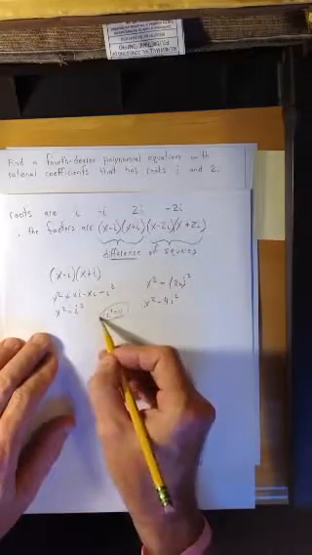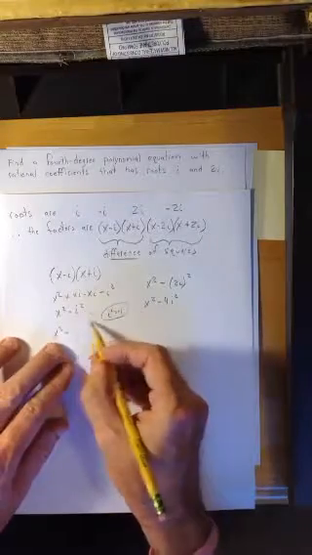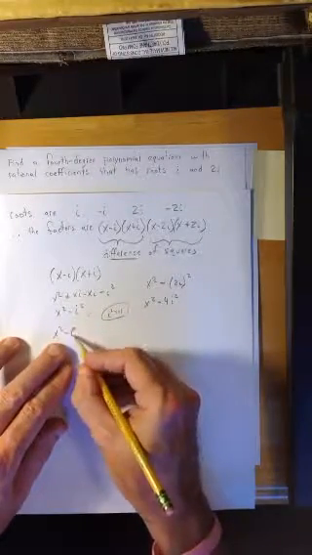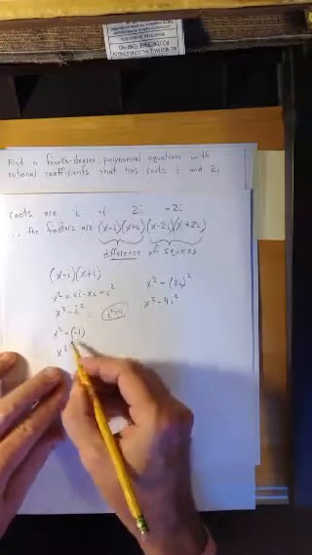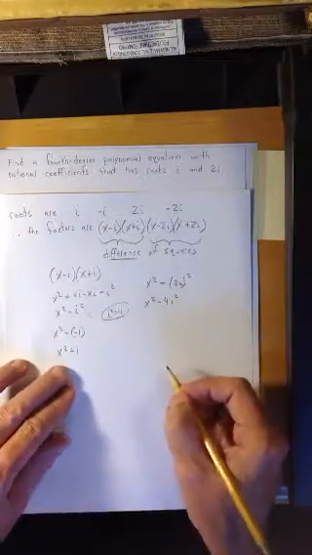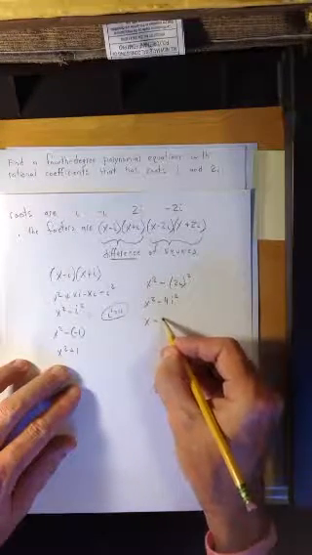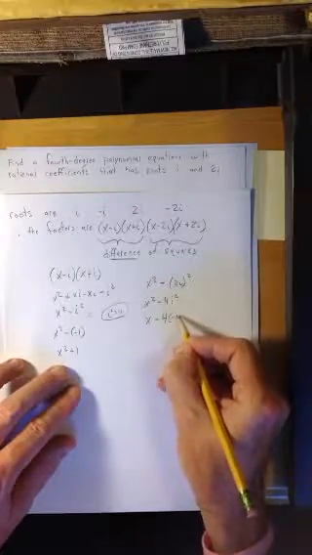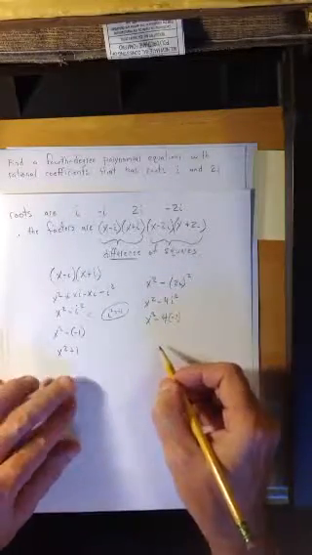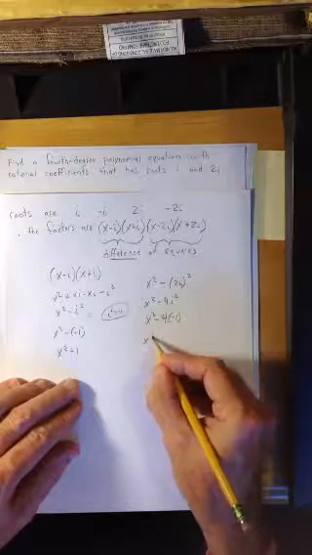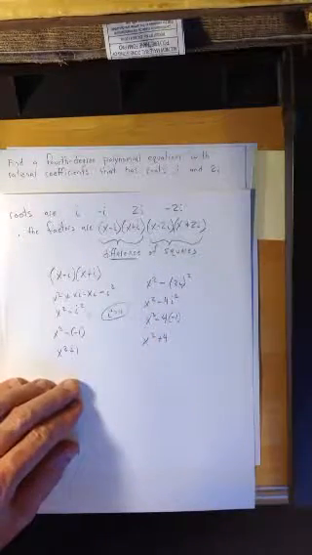So if we look at this side, we're going to have x squared minus negative 1, so it's x squared plus 1. And then here we have x squared minus 4 times negative 1. So we have x squared plus 4.